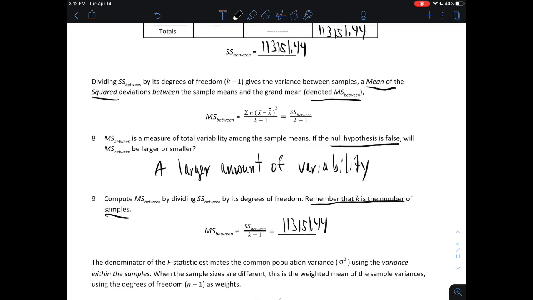So I have to divide by 3 minus 1, or 2. So take 113,151.44 and divide by 2. If you do that, you get 56575.72.